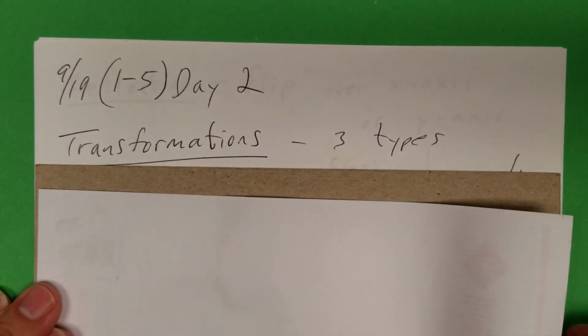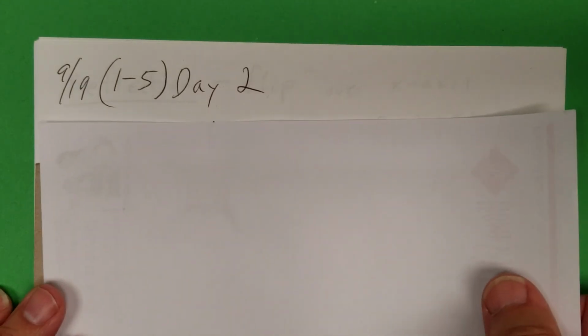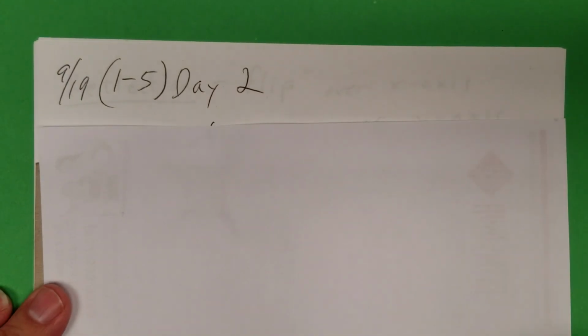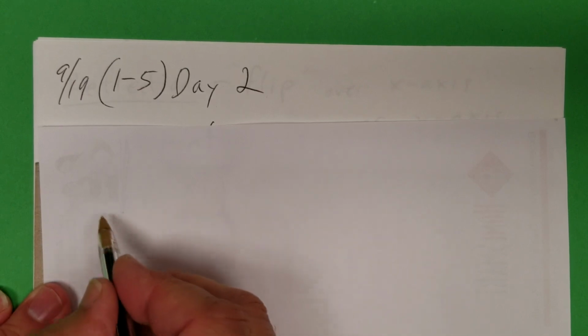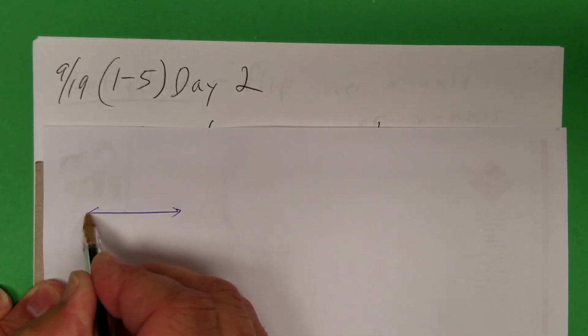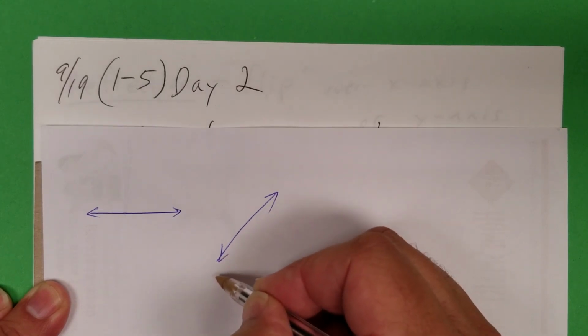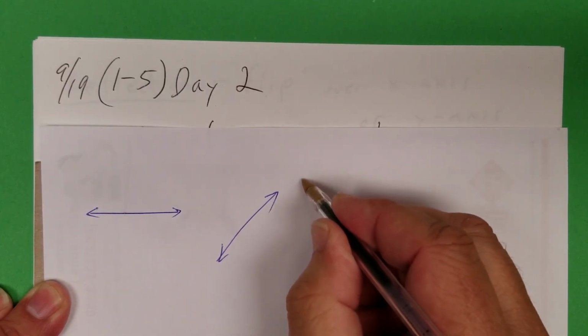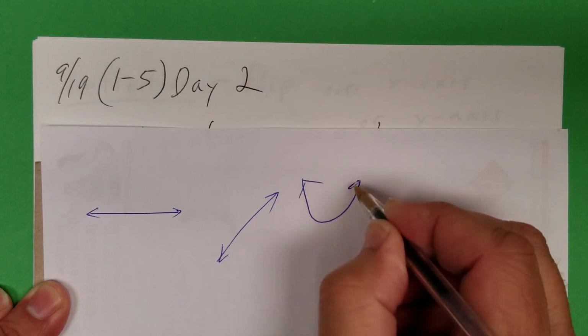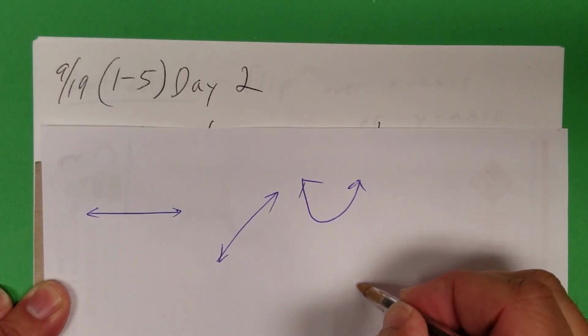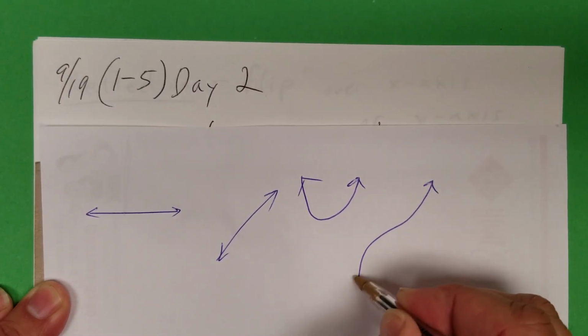So if you remember, in part 1, we were introduced to the parent graphs. Really quick, don't copy this. There was this one, straight across. There was this one, a straight line but diagonal. Then there was the parabola, then the snaky one like that.